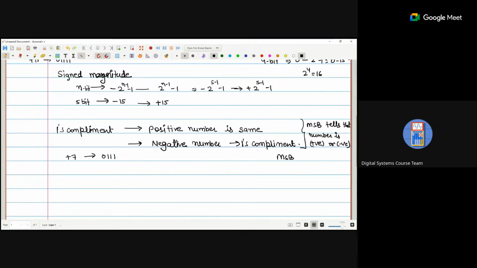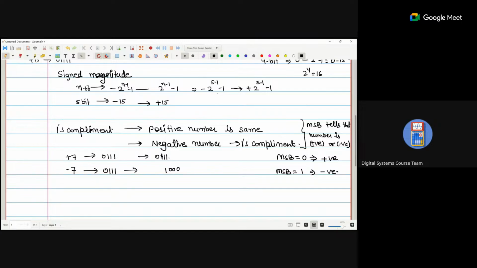If the MSB is 0, the number is positive, and if the MSB is 1, the number is negative. Minus 7 is defined as, first of all, 7 which is 0111, then because it is a minus, we take the one's complement, so 1000. Plus 7 is 0111, and minus 7 is 1000.